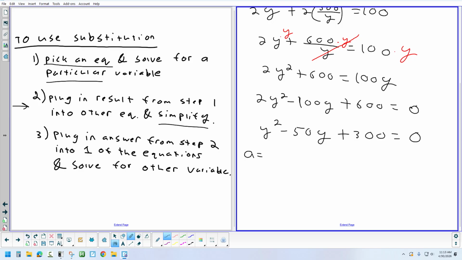Okay, what's A in this case? 1. And B? Yep, negative 50. And how about C? Yep, 300.